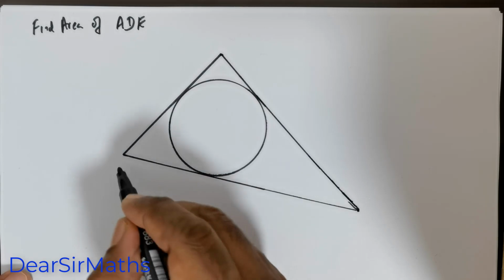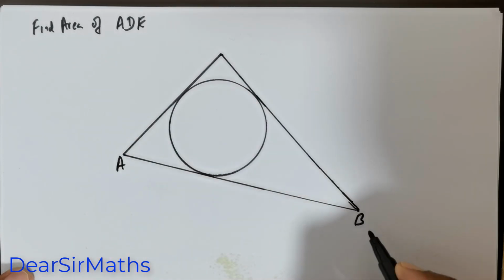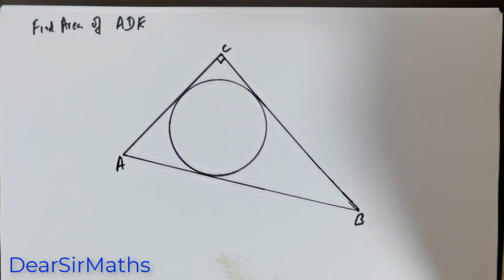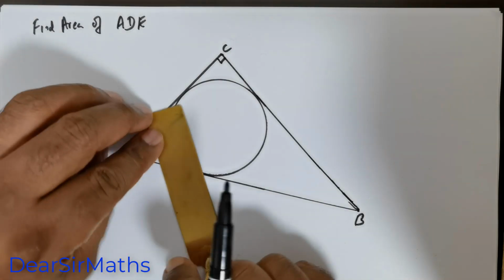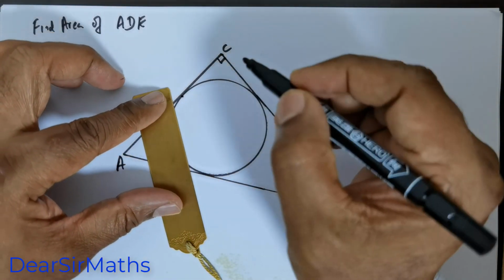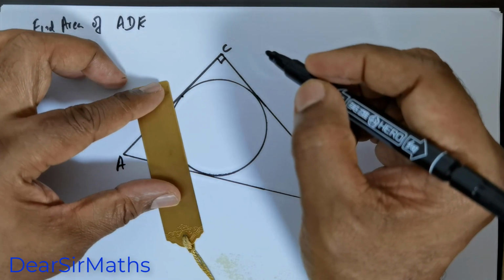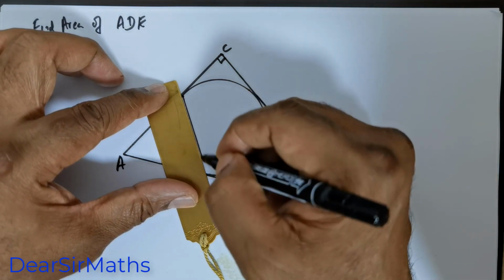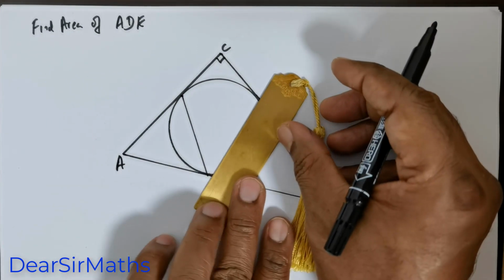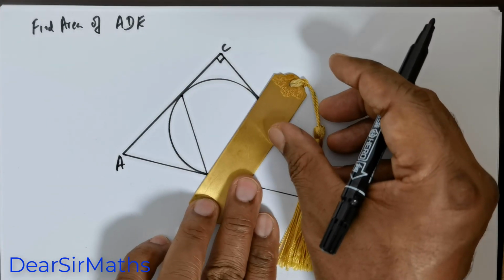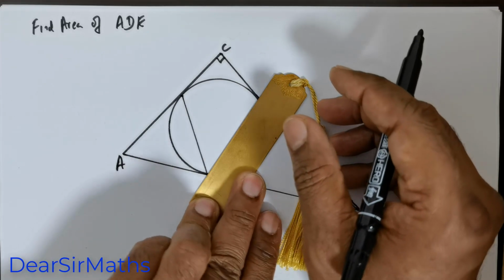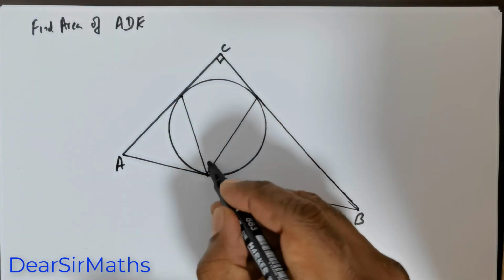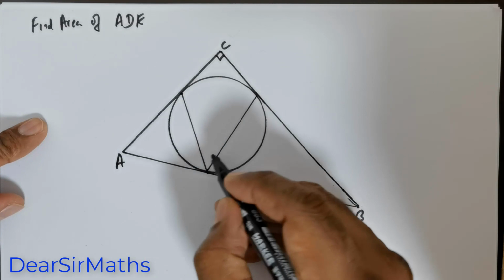Okay, so this is A, B and C. This is given to be 90 degrees. Now this is the angle we have to find.